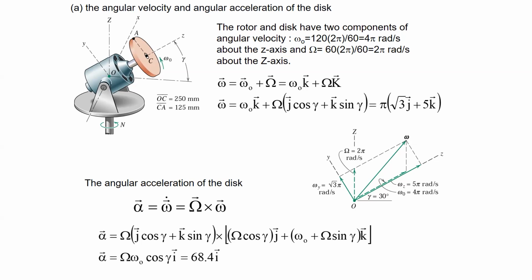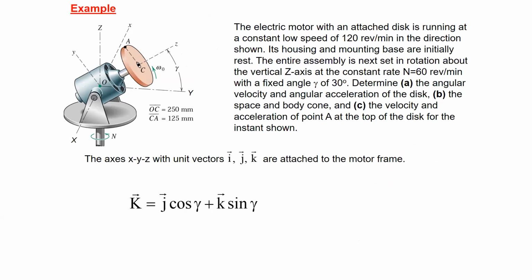So we have to convert from small xyz to big XYZ. We should know the relationship; it's very important. So big K, a unit vector in the direction of big Z, we should know how it is related to small i, j, k.